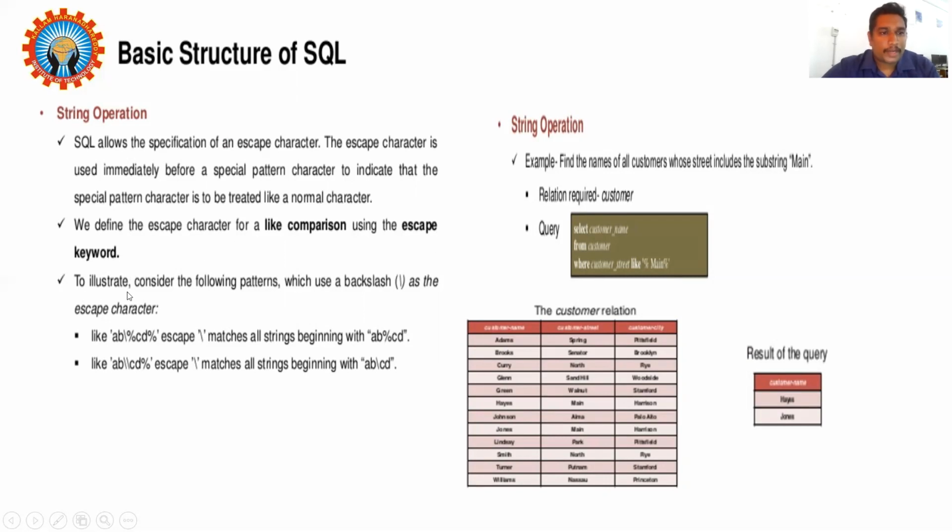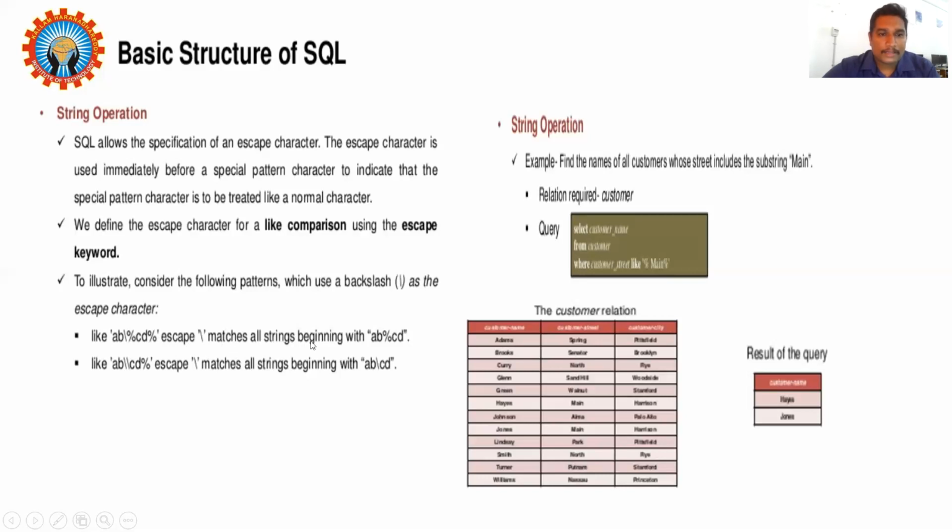Now to illustrate, for the above example, we have the following patterns which use a backslash as the escape character. Here, like is a keyword, and percentage and backslash are the escape characters. AB backslash percentage CD percentage means it escapes where the backslash operator is used.